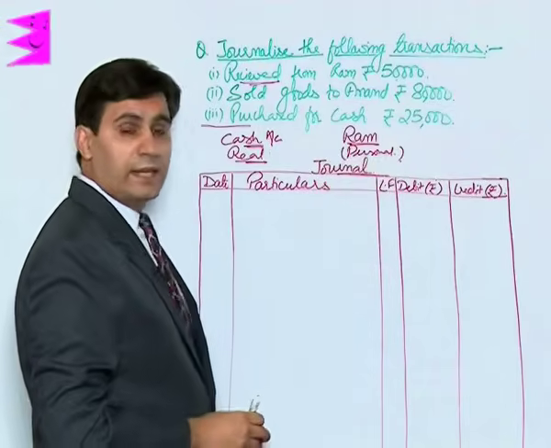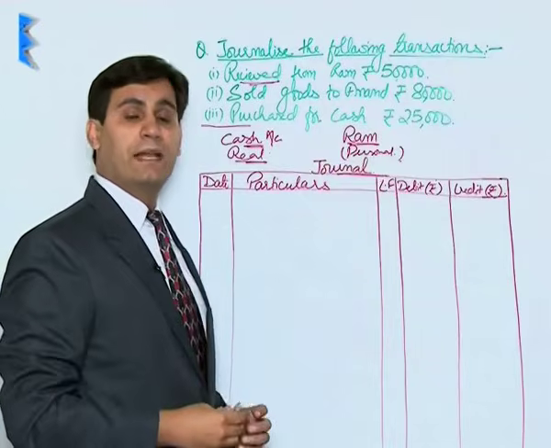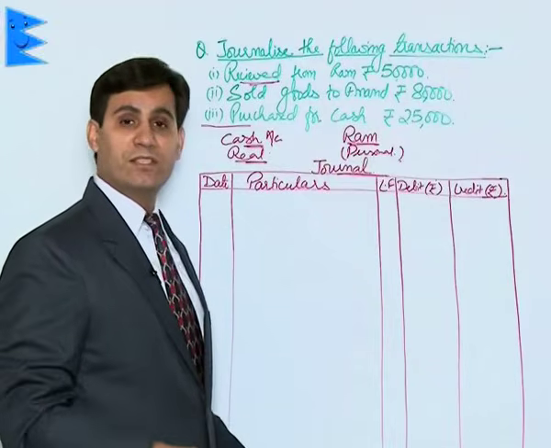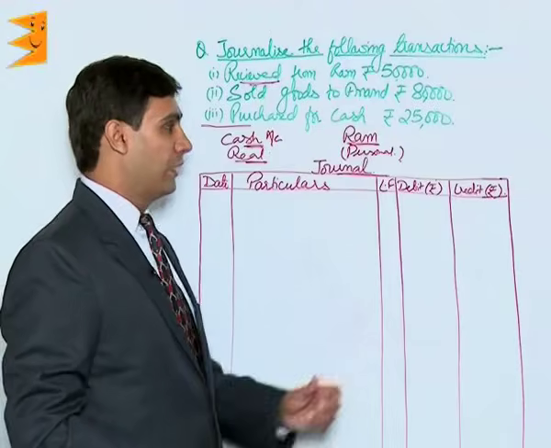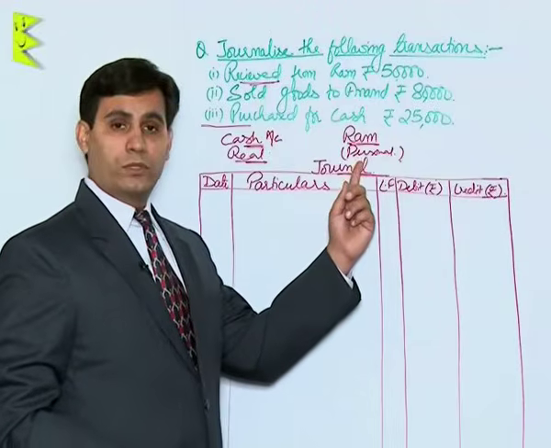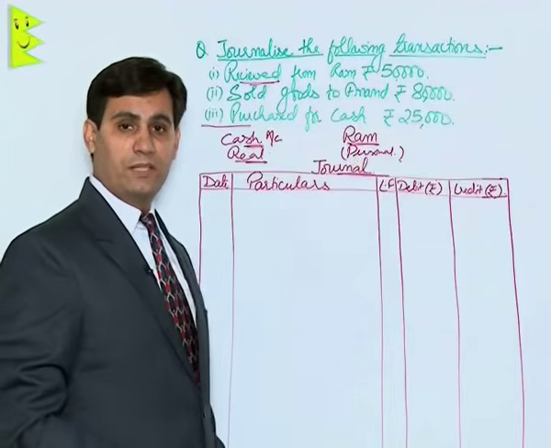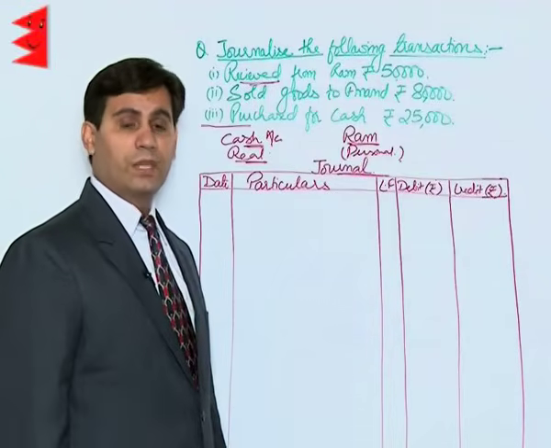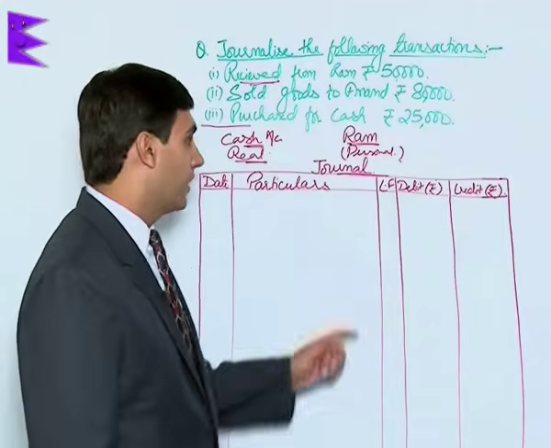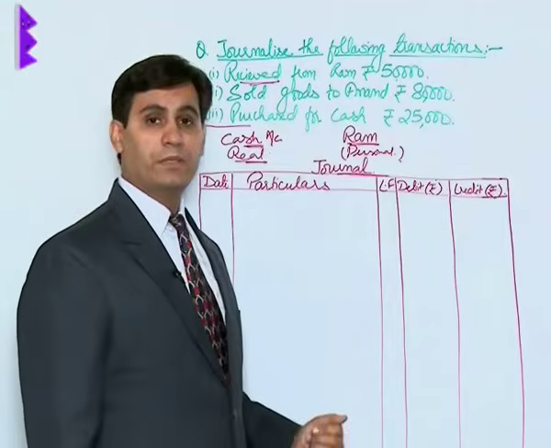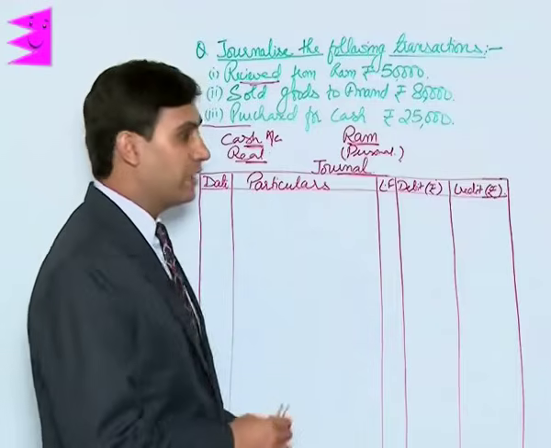Now let us understand whether they would be debited and credited through traditional rules. Now students, under traditional system of accounting, personal account, the rule was debit the receiver, credit the giver. I just repeat, debit the receiver, credit the giver. So we are receiving from Ram, that means Ram is a giver.